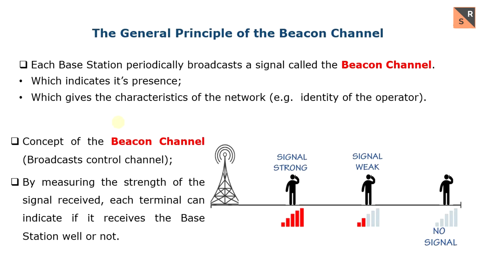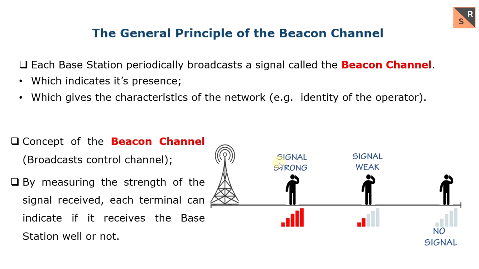This beacon channel first indicates the presence of the network, and it gives the characteristics of the network, among which the identity of the operator. This way, my terminal will try to listen for my operator's base station, and not that of the competitor.